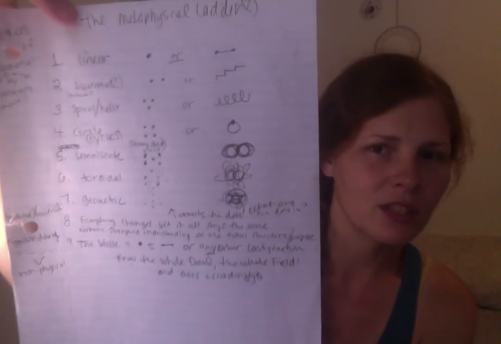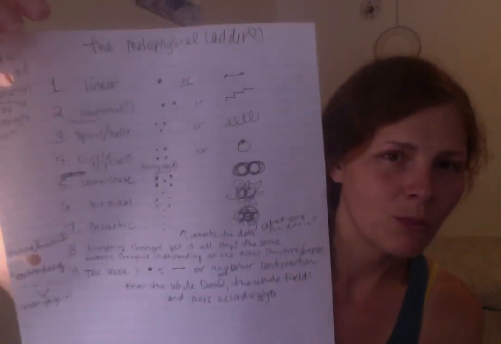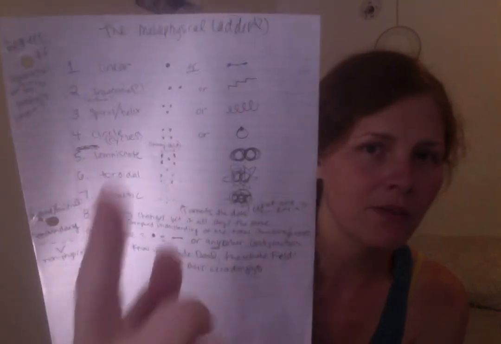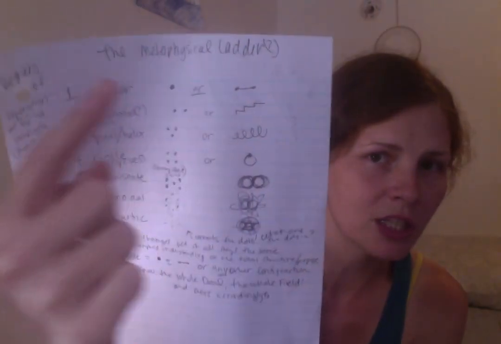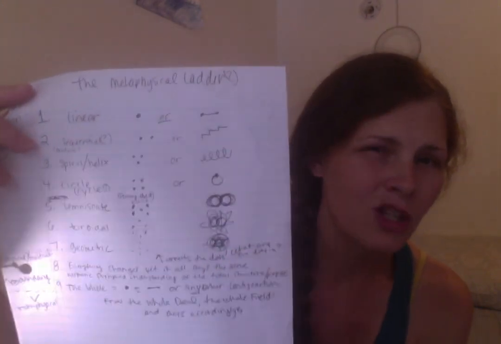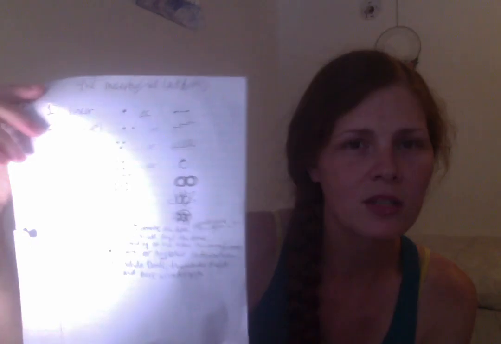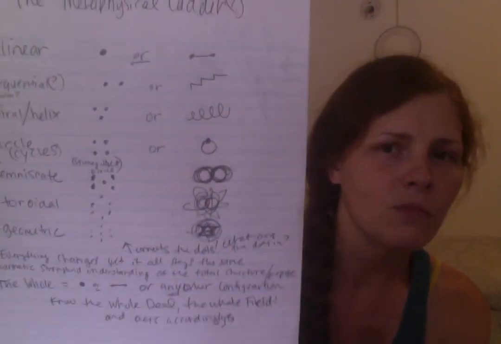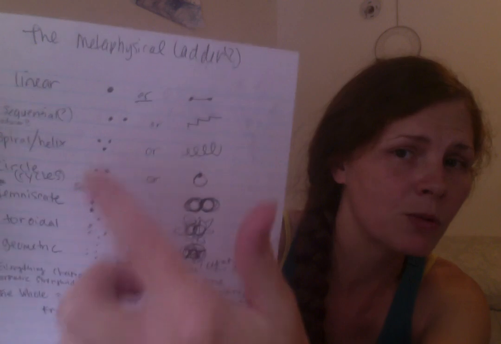I'll show my notes here very quickly, just for anybody who's interested and is brand new. These are the points of view that I'm going to go through, and I've already talked about the first phase, which is linear, and the second phase is sequential or staircase. The third is the spiral or the helix, which we're going to talk about today.